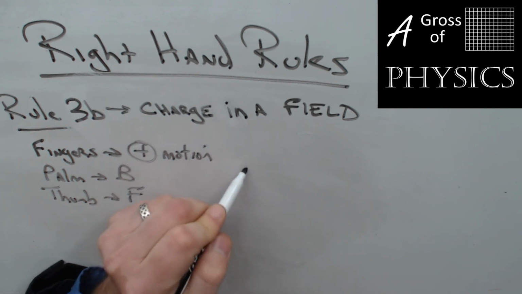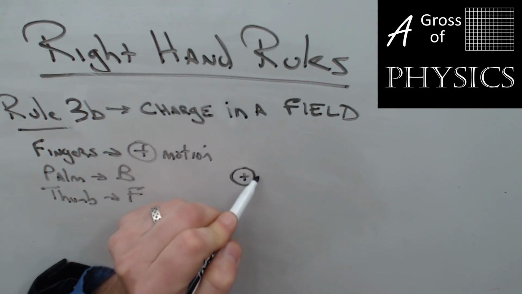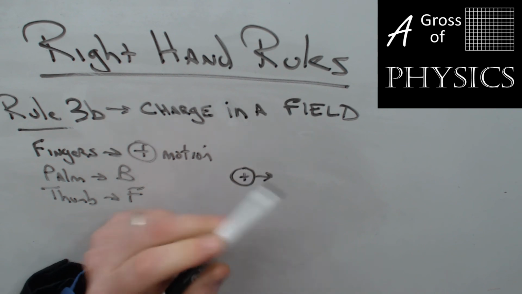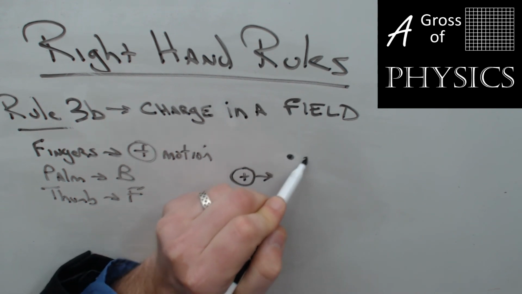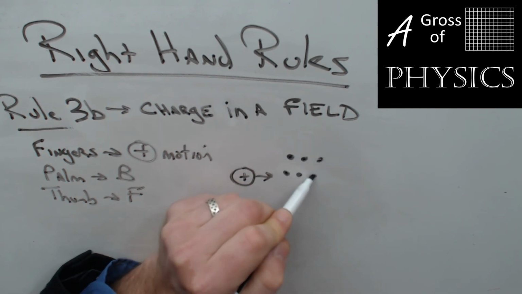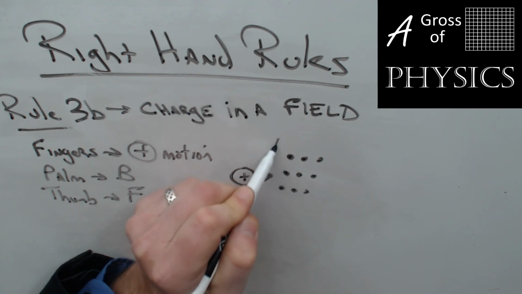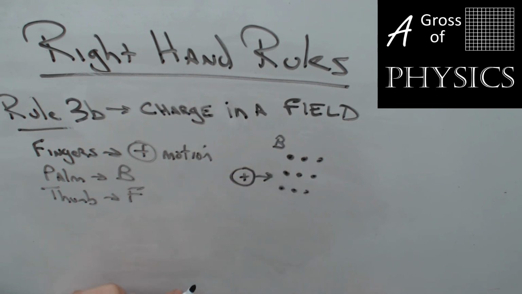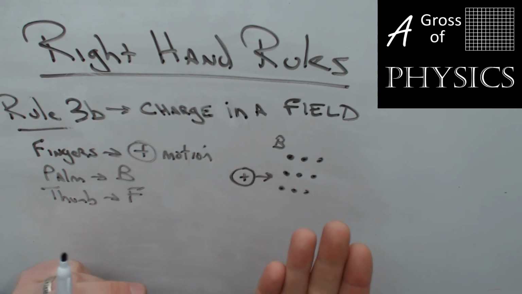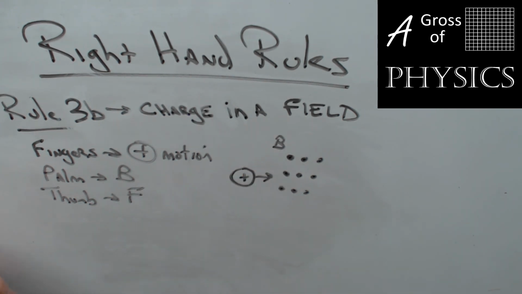So we're going to take a proton and we're going to shoot it to the right. It's going to have a field that's out of the page like this, and we're going to figure out what direction the force is. That means my palm is up and my fingers need to point to the right.